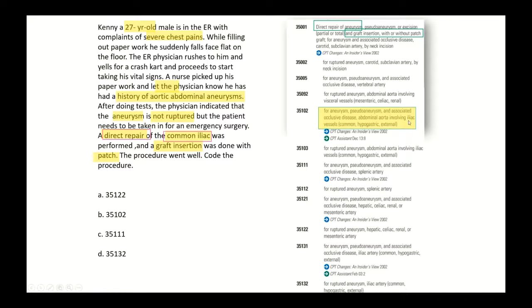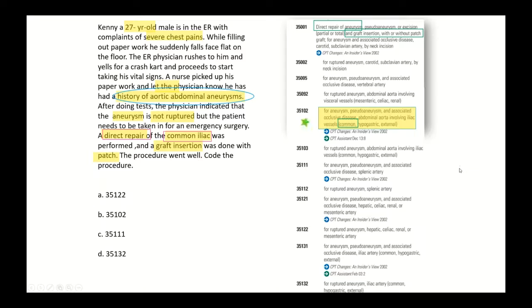What does that pertain to? The good thing is it's actually given here. Abdominal aorta involving your iliac vessels. Remember that it mentioned common iliac, and you can see your common iliac there. So this is looking good. I think you all are correct on this one.